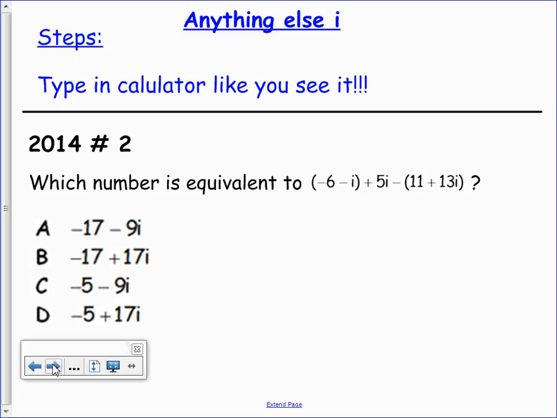Which one is it? Do you agree? Sweet. Okay.